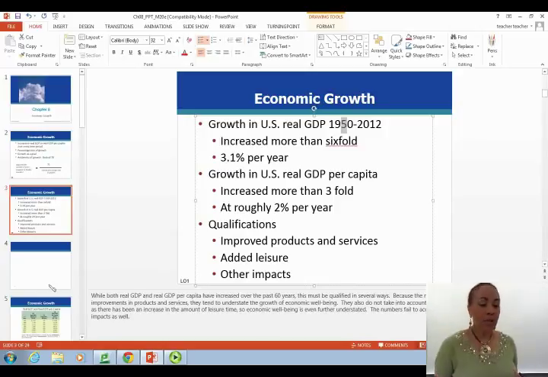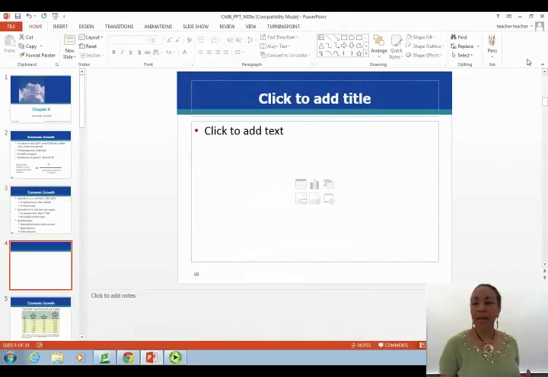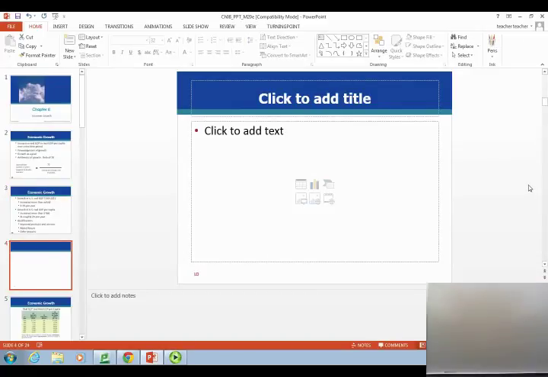The other thing I want you to be mindful of, and we've talked about this before, in regards to economic growth, is our PPF curve. And we looked at this before.